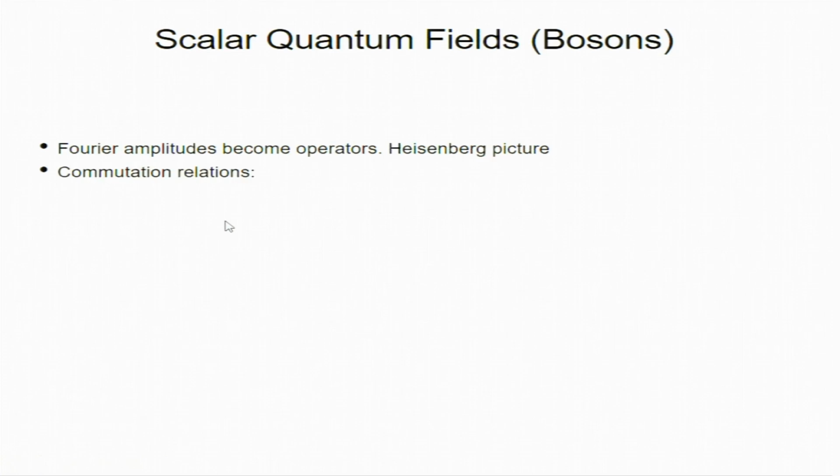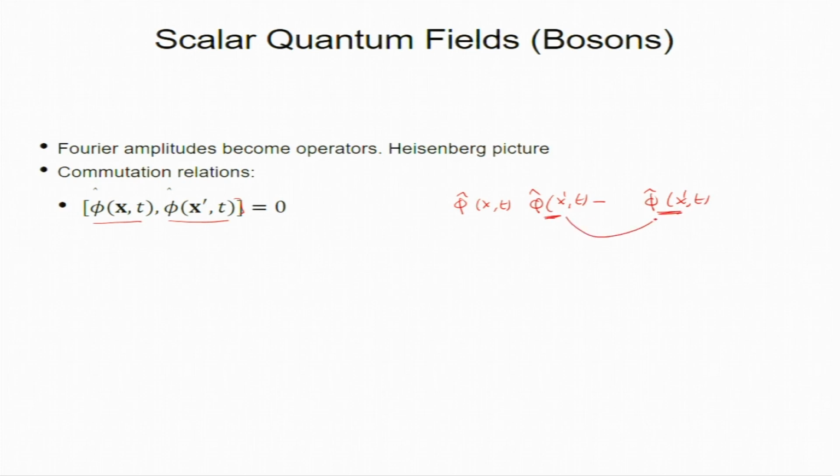So, you make the Fourier amplitudes operators. We have phi, which I showed you for the string-like field. So, we will say phi of x, t and phi of x prime, t. Now, this is a commutation, the same thing we do in quantum mechanics: phi hat of x, t times phi hat of x prime, t minus phi hat of x prime, t times phi hat of x, t, like a b minus b a.